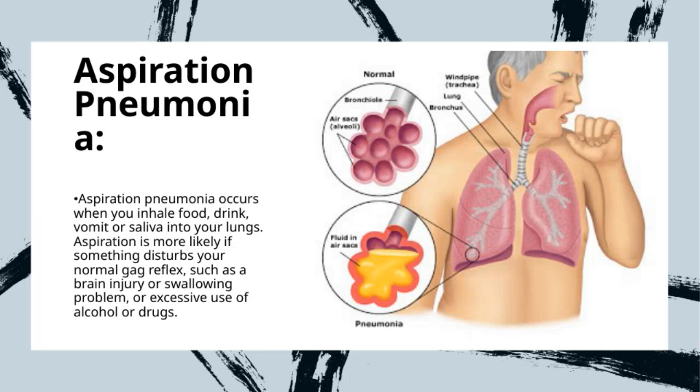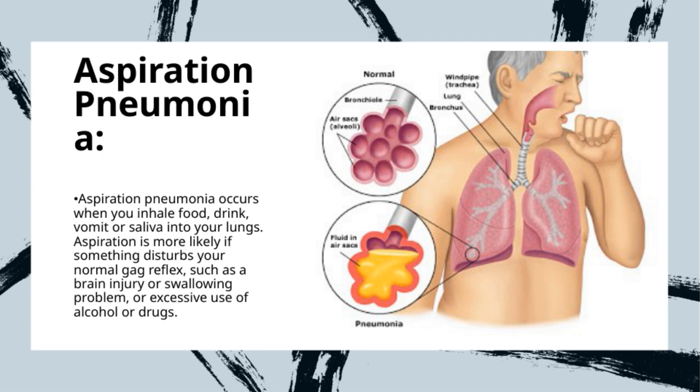Aspiration pneumonia happens when something like food, drink, vomit, or saliva accidentally goes into our lungs instead of staying in the stomach. It's a serious condition because those foreign substances can cause infection and inflammation in the lungs. Now, the risk of aspiration increases if your normal gag reflex is disrupted.